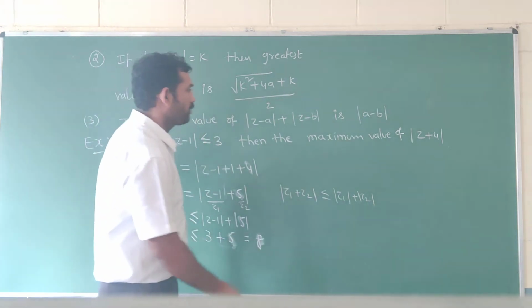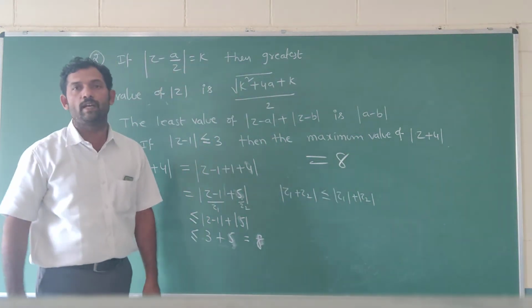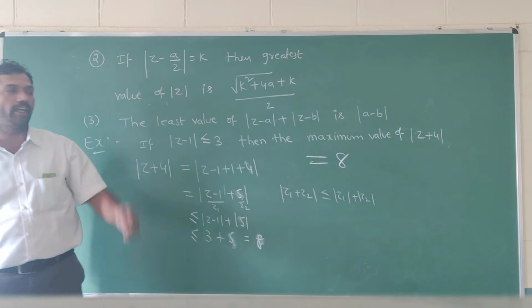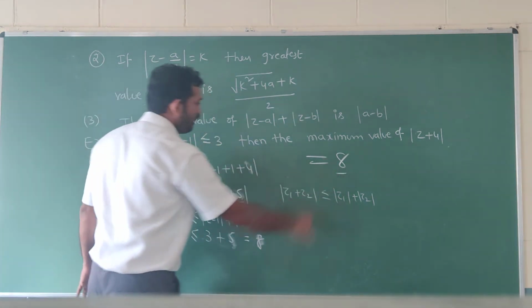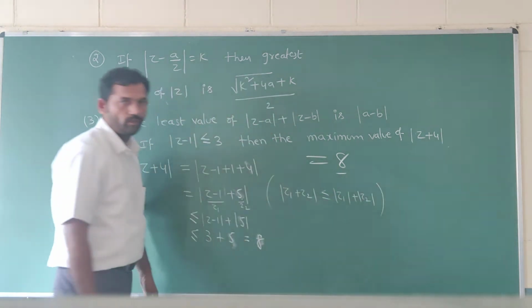So what is the maximum value of this one? 8 is the answer. The maximum value of modulus of z plus 4 is 8. Understand all? I hope that you are all understanding. Note down fast.